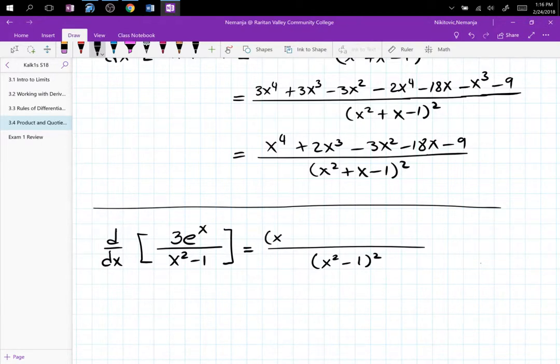Then we copy the denominator as is in the numerator times the derivative of 3e to the x, which is 3e to the x. Derivative of e to the x is e to the x, and the coefficient 3 gets copied, so it's the same. Minus copy the top, which is 3e to the x, times the derivative of the bottom, which is 2x.